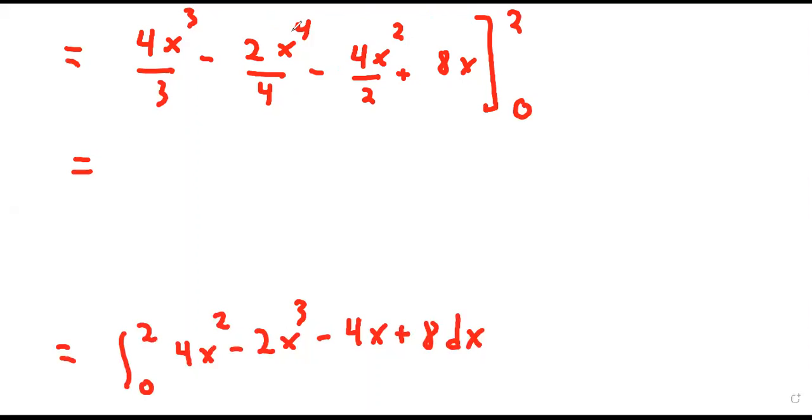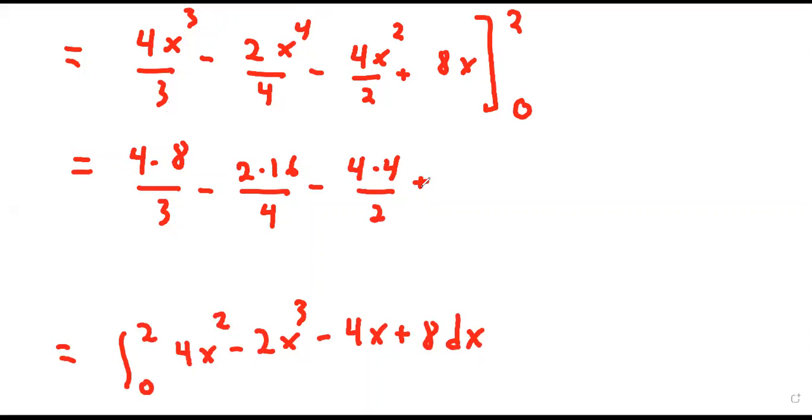So now we're going to plug a 2 in to where all those x's are. So 4 times 2 cubed over 3, that's 4 times 8 over 3. 2 to the 4th power is 16, so minus 2 times 16 over 4, minus 4 times 4 over 2, plus 16.